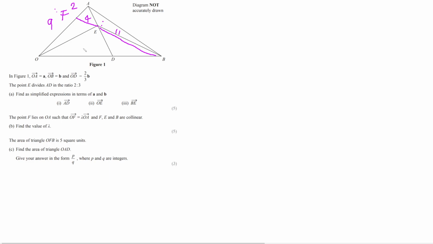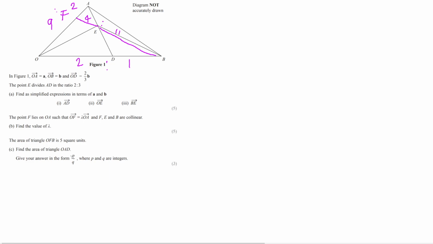And I think the most relevant thing to our question is the fact that this is a 2-to-1 ratio because OD is 2/3 of OB. So ultimately, this is a kind of half base times height question. You want to see by what amount the base is modified, and by what amount the height has been modified.